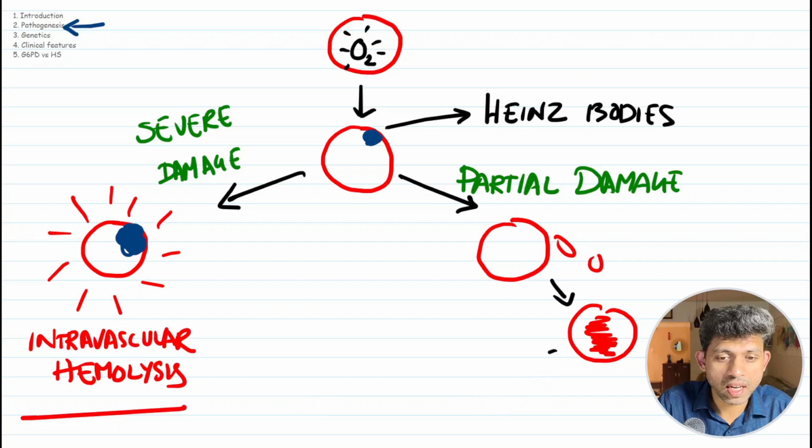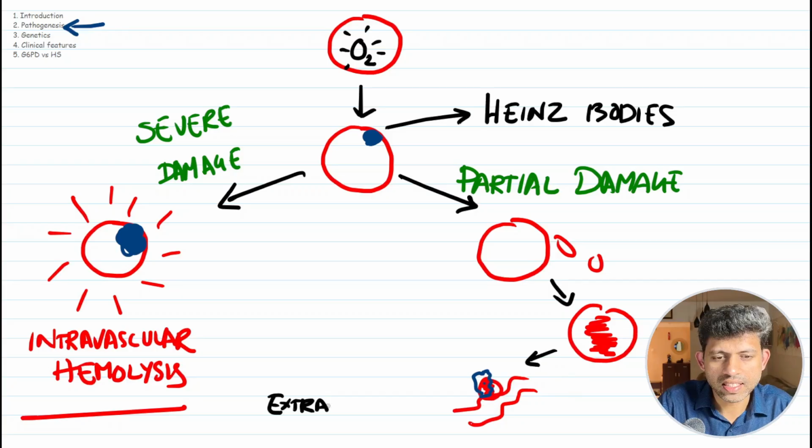These spherocytes are not flexible, and just like in hereditary spherocytosis, when they pass through splenic cords, they are eaten up by splenic macrophages, leading to extravascular hemolysis.